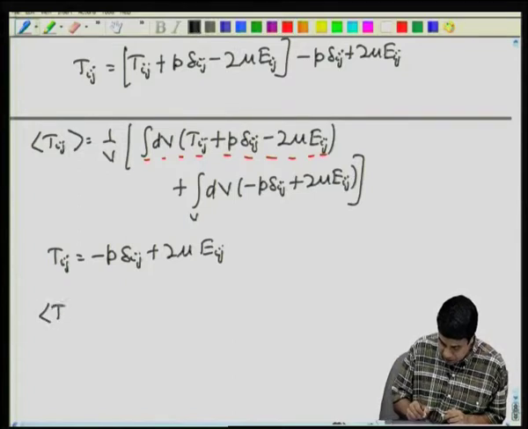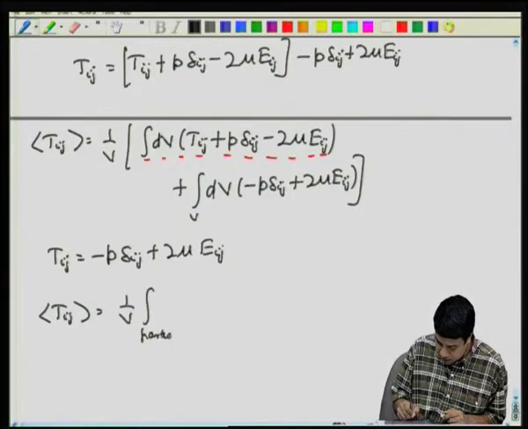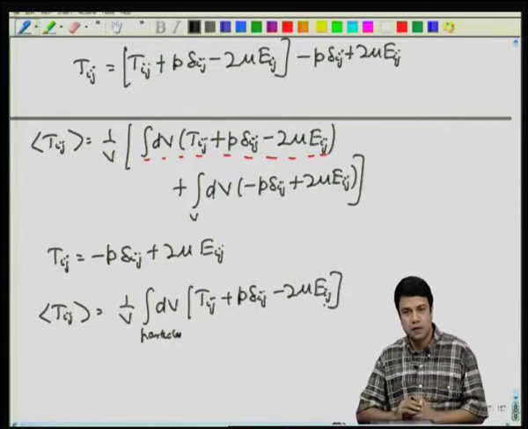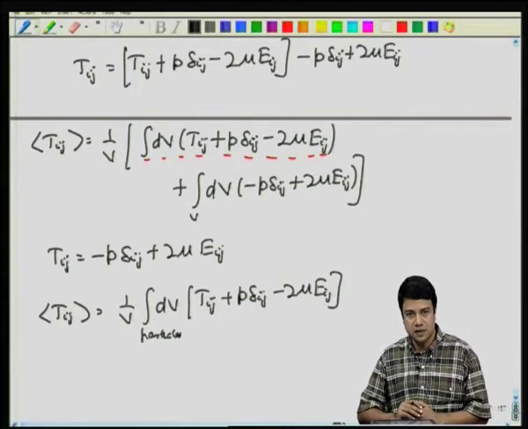Therefore, the average Tij is equal to 1 over V integral over the particles. And the second term here is a volume integral of the pressure and the symmetric part of the rate of deformation tensor averaged over the entire fluid.